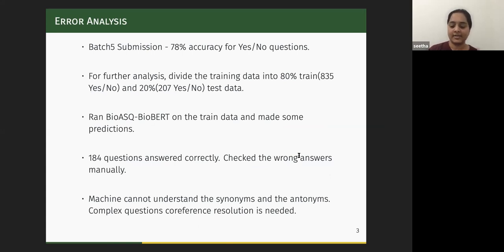As you can see in the previous slide, we got about 78% accuracy for the yes or no questions. To understand that further, we divided the training data 80-20%, because the gold data for the Task 9B test data is not yet published.